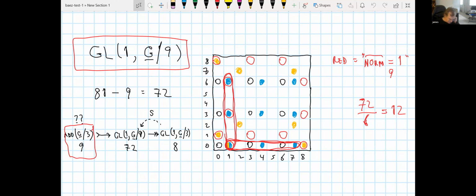The viewpoint I want to emphasize is that classification of subfields is possibly, in some ways, an unnecessarily highbrow way of thinking about things.